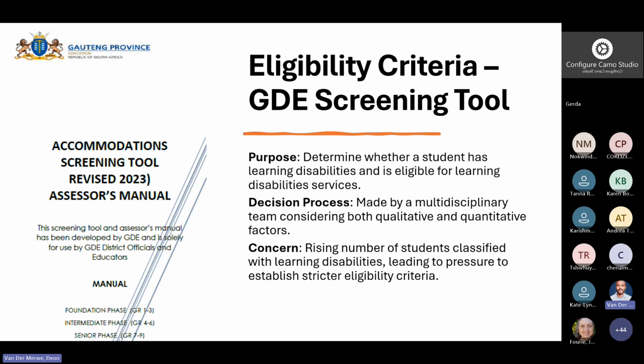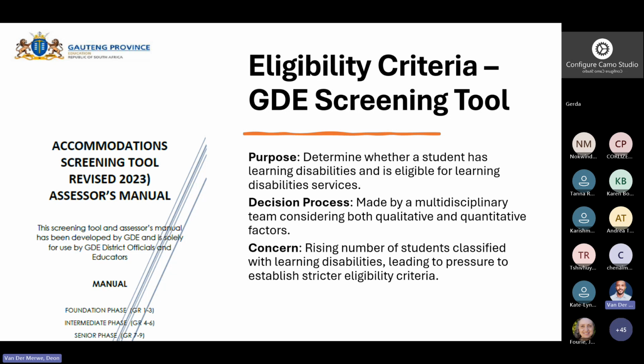Because of this, there's pressure to tighten the criteria for classifying learners as having learning disabilities. And one way to determine, according to GDE, eligibility for learning disabilities services is by using a discrepancy score tool. And it is called the accommodation screening tool.